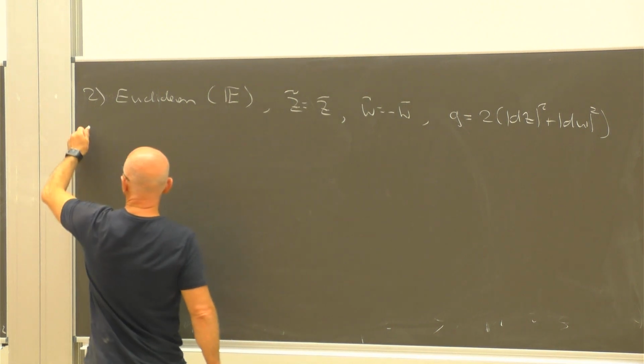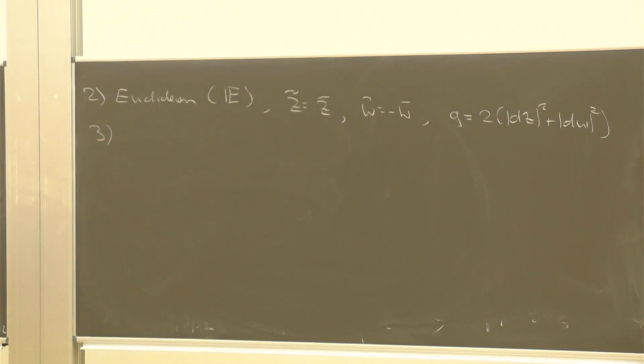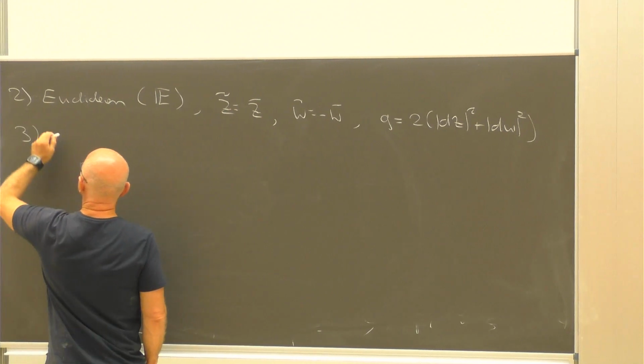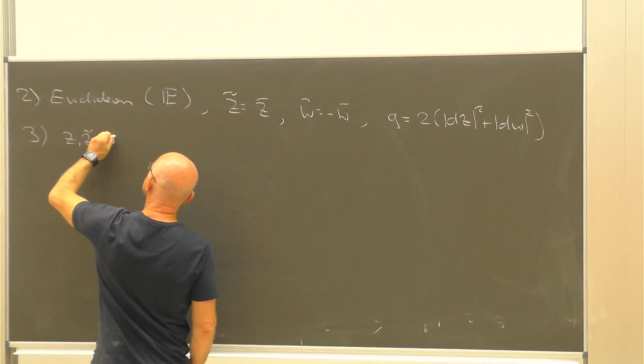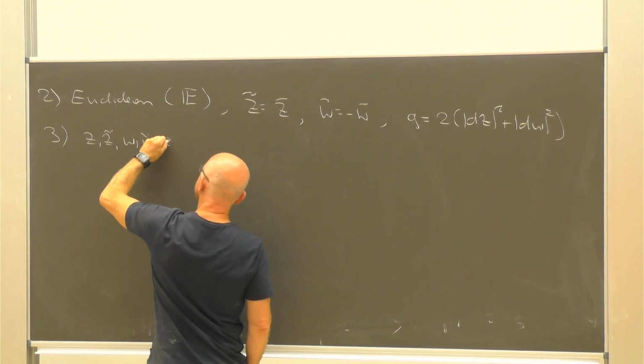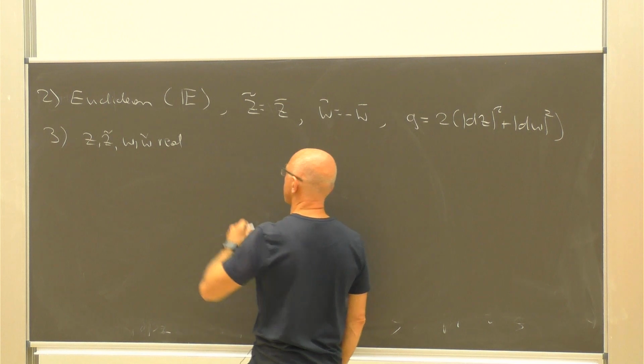And finally, there is a possibility of keeping, and that was relevant in this John transform, of keeping z, z tilde, w, and w tilde all real. And in this case, the spacetime has signature 2, 2.